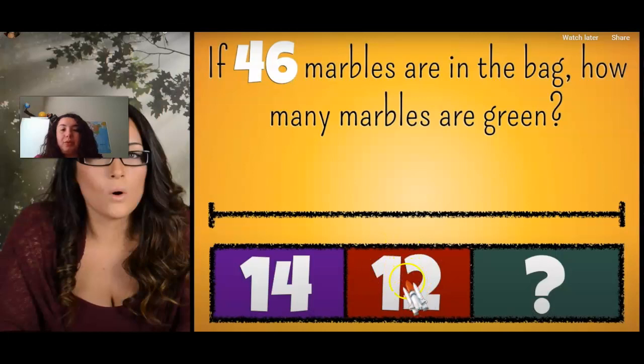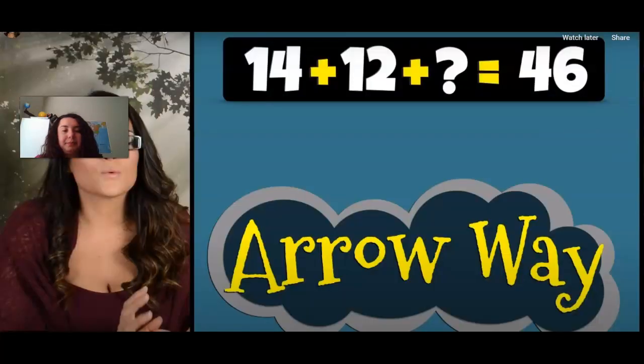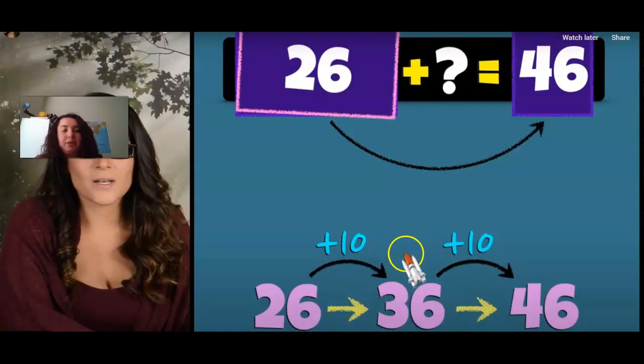We plug in 12 red marbles. How many marbles are green? So that's how you find part, whole. And then we can also use skip counting.